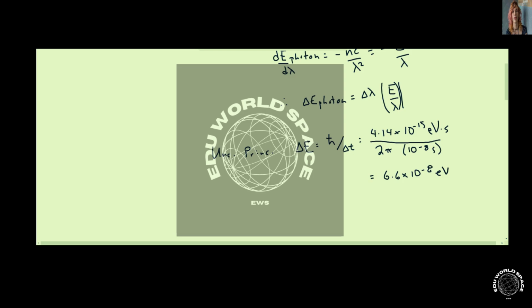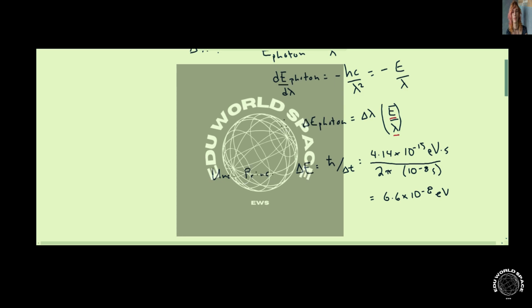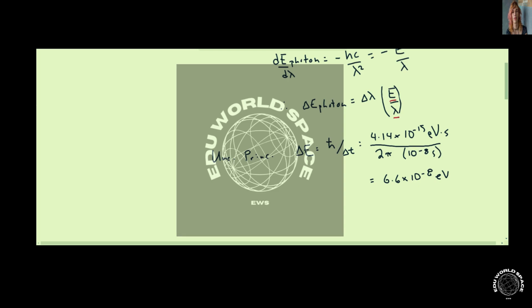Now for the rest of this, notice that we need both the energy and the wavelength of this transition. And of course, what we're using is the energy of the photon and the wavelength of the photon. So the energy of the photon is simply 13.6 electron volts times 1 over 1 squared minus 1 over 2 squared.